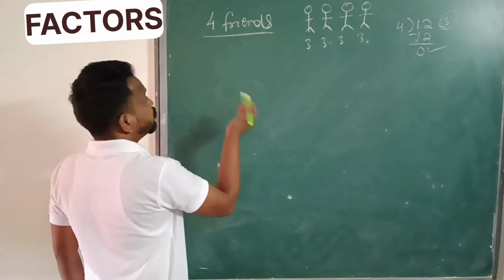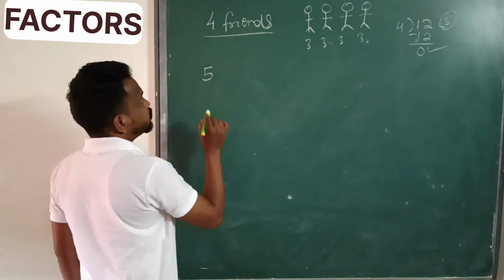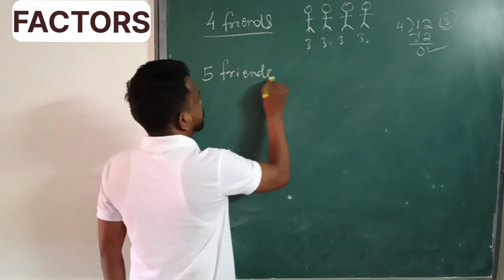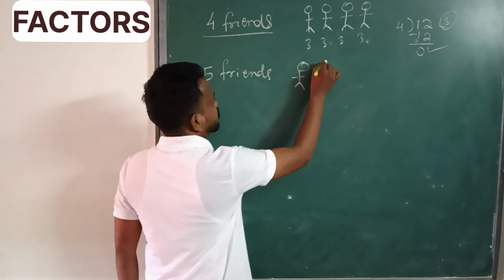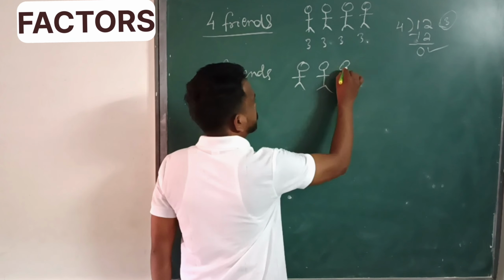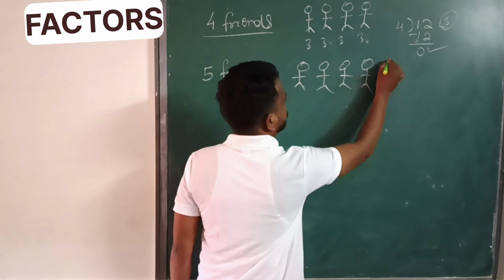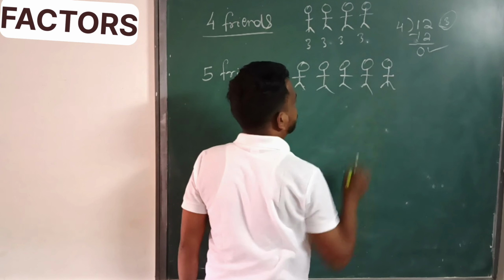Then if I want to share my 12 chocolates among 5 friends, then what will happen, students? One, two, three, four. One more boy is there. 5.